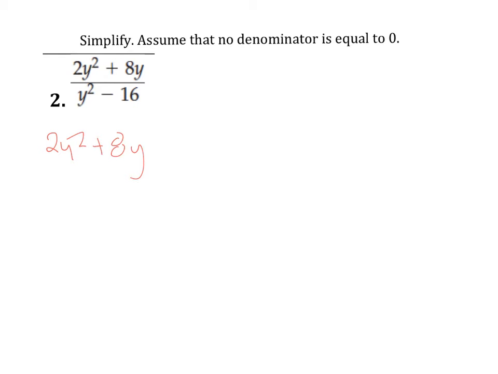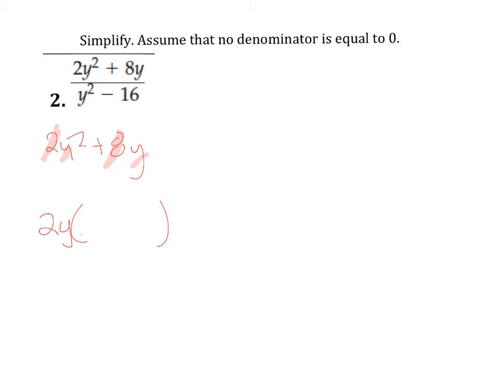You can quite clearly see here that the 8 and the 2, we can take out by division the number 2. So that's what I'm going to do right now. I'm going to GCF out a 2. So here's my 2. And then if you look again, we have a y and a y, and I'm going to GCF out a y, and that would be y to the first power.